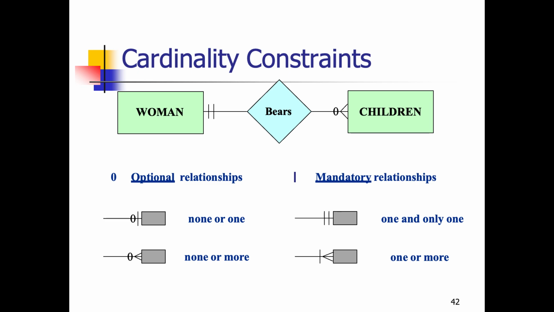So this is a mandatory relationship, and none of us came from two mothers, right? It's just one woman. So it is one and only one. Each child comes from one and only one woman. While each woman can have many children, is it mandatory? Should all women have children? No, we have some women who have no child. So this is optional and can be many. Is this clear? Okay.